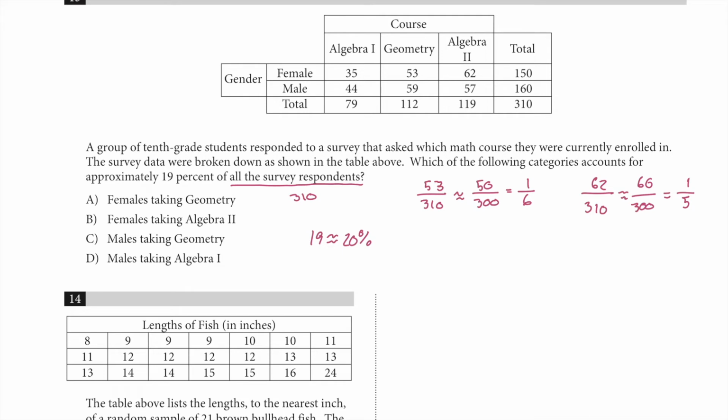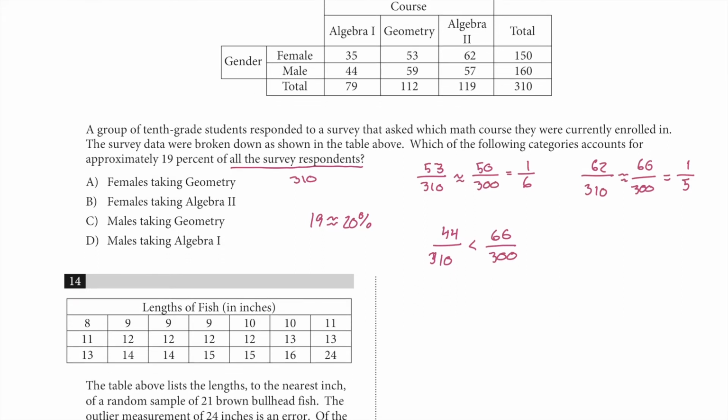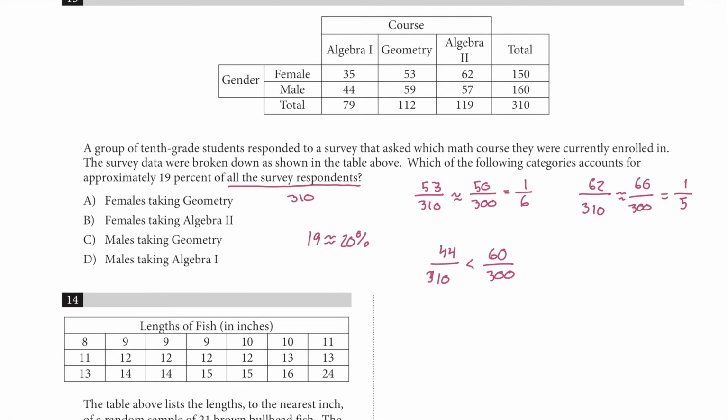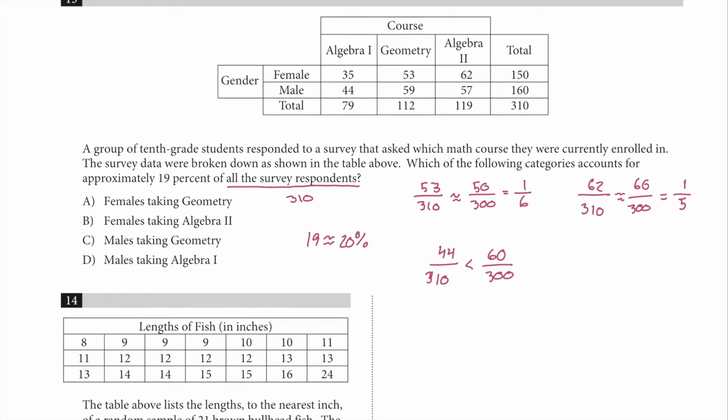So males taking geometry, 44 over 310, which is less than 60 over 300. Males taking algebra 1, oh, that was this. So males taking algebra 1 will be 59 over 310, which is approximately 60 over 300, just 1/5.